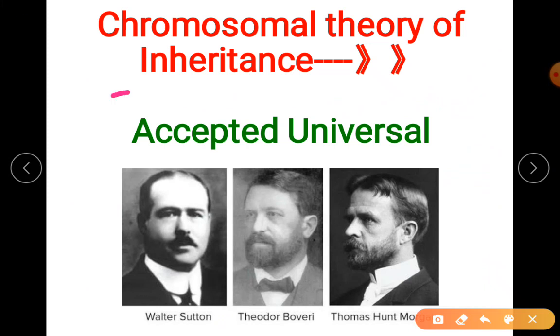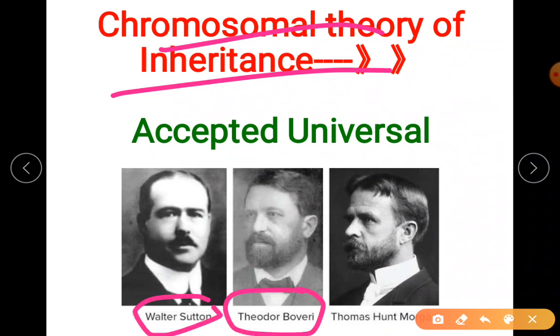Now this chromosomal theory was initiated by Mendel and then modified by the three scientists, De Vries, Correns, and finally, it was Walter Sutton and Theodore Boveri. These two people, using Mendel's theory, have given an acceptable theory with the proof, and with the present technology they could give the proof, and that's how we follow this theory compared to Mendel's theory.